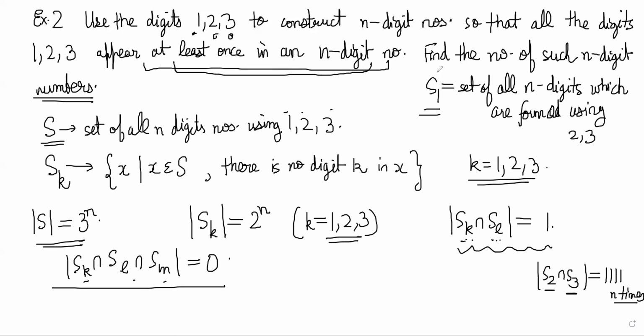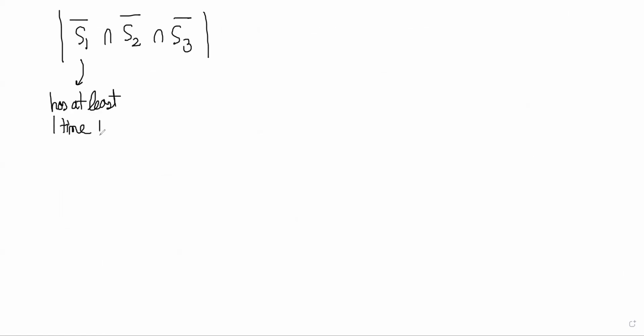S1 basically had 1 missing, S2 had 2 missing, S3 had 3 missing. So you need S1 complement intersection with S2 complement intersection with S3 complement. This is what you are trying to find, the number of elements in this set, right? Because this has at least one time 1, and this has 2, and this has 3 at least once, right?